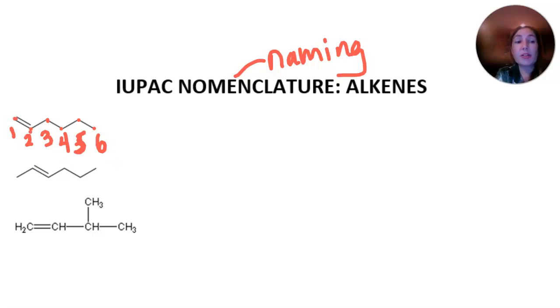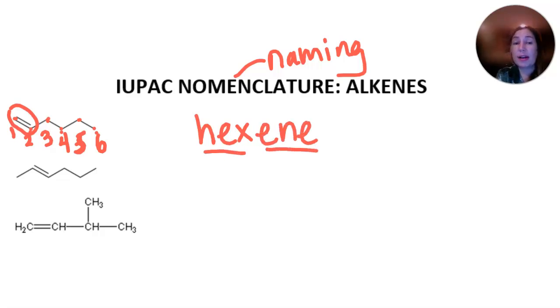So we have 1, 2, 3, 4, 5, 6 carbons. And then we have that double line at the beginning. So we're going to say hex for 6. Hex was our prefix for 6. We're going to say ene now because there's a double bond. And then we're going to have to tell the world where the double bond starts. And this starts on the very first carbon. So this will actually be 1-hexene.